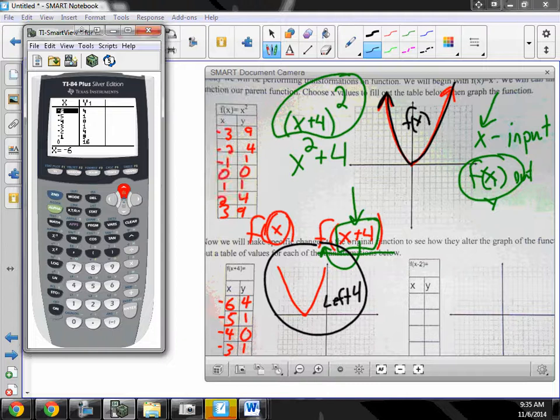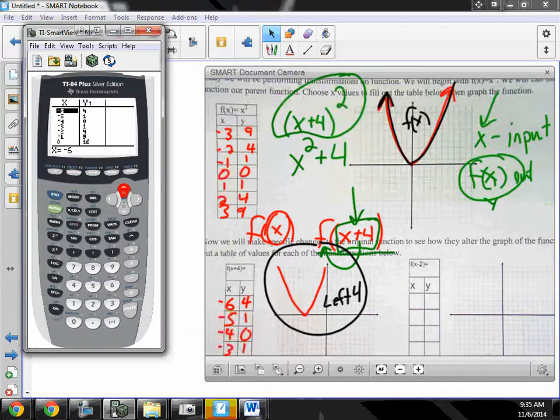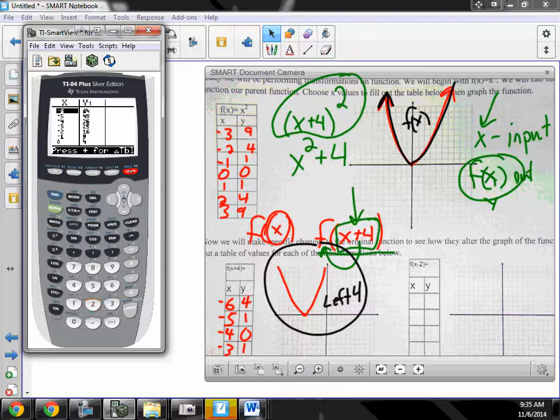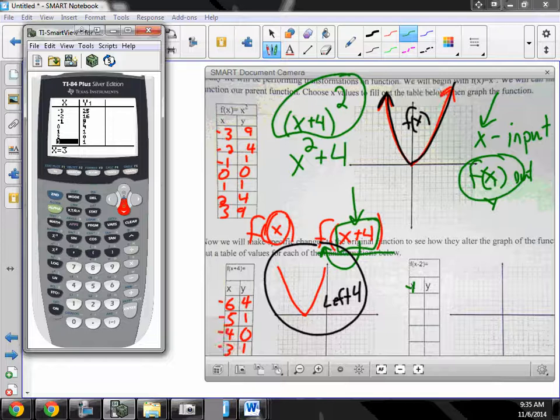Okay? So for the next one, this is x minus 2 squared. I'm going to look at my table of values, and again, the minimum has changed. So I'm going to center it right there. So my table of values would be -1, 9, 0, 4, 1, 1, 2, 0, 3, 1, and so on.